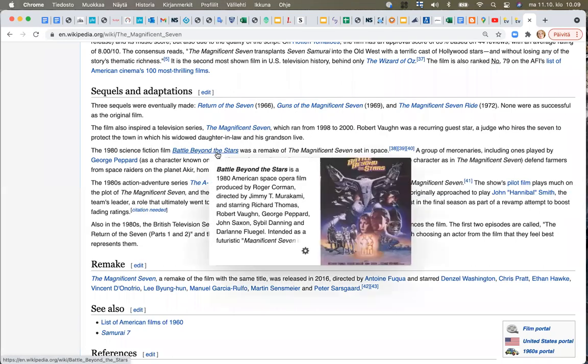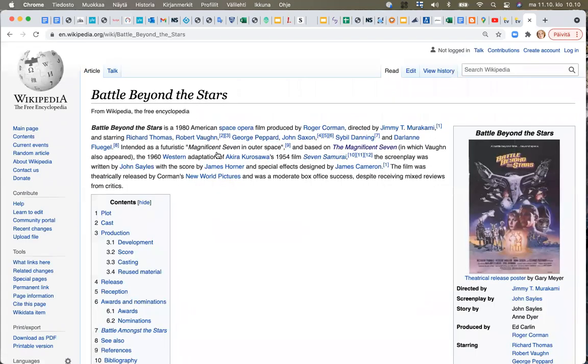Okay. There's also a science fiction version. Well, I love the title, Battle Beyond the Stars. And the poster is funny.